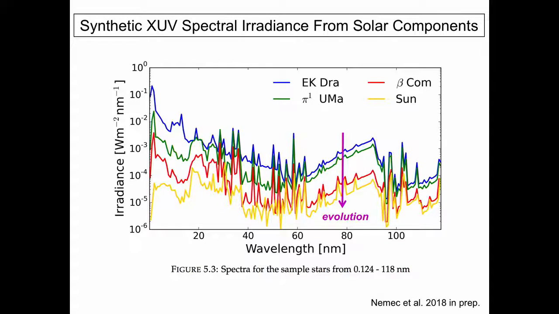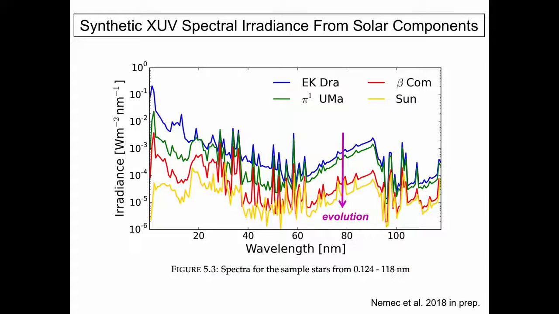And you see that the irradiance for Kappa Ceti is significantly higher than for the Sun, for example. The Sun is denoted here in yellow, and then two other stars, Pi1 Ursae Majoris and Beta Comae, are slightly older than Kappa Ceti. So you really can follow the age sequence in that wavelength area in the spectrum as well.